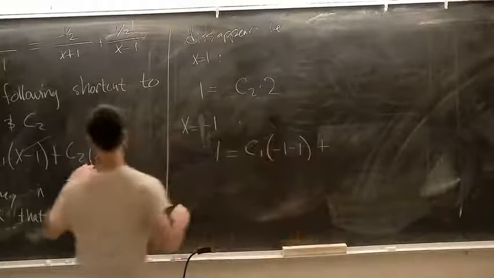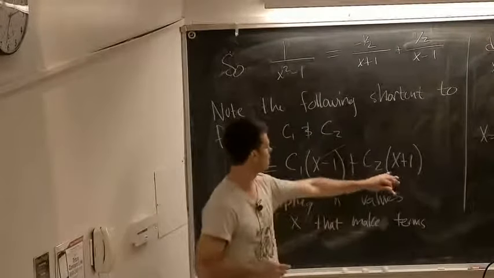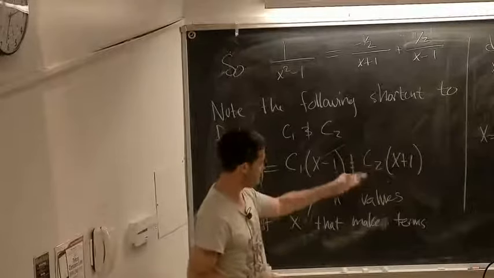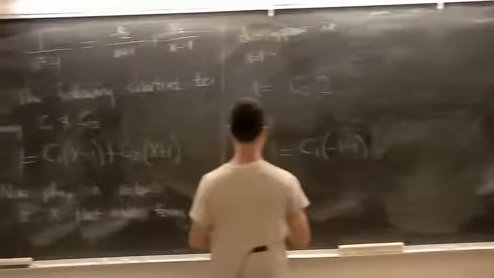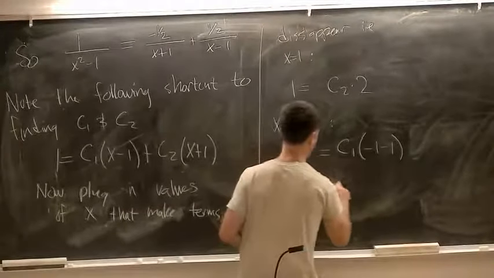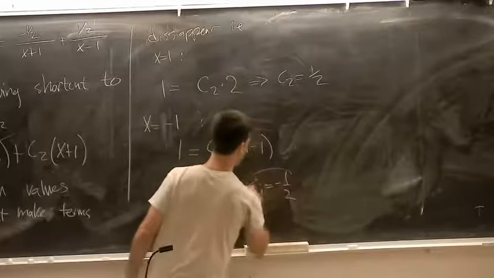And now this term disappears. Again, that was the whole point of making these choices of 1 and negative 1 for x. So 1 is equal to negative 2 C1. So I get C2 is 1/2, C1 is negative 1/2.